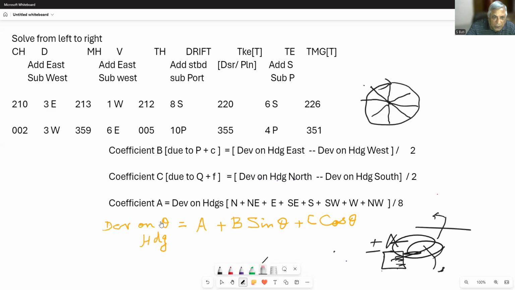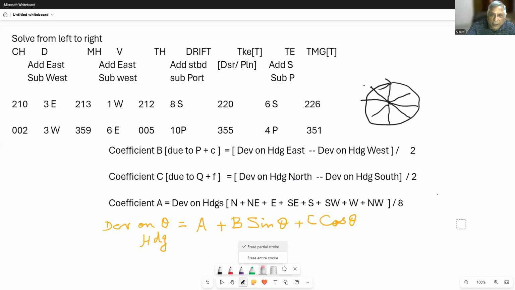Just give me a moment. Patience. In the meantime, you can read this slide and prepare yourself for one or two questions which we are going to do for practice now.